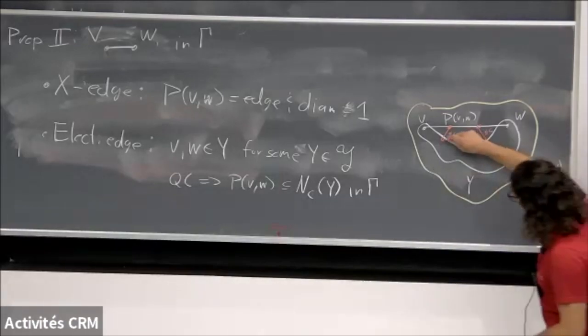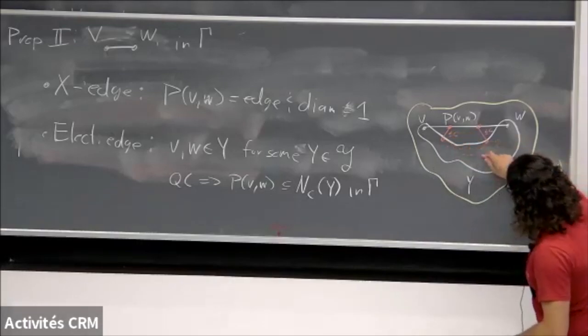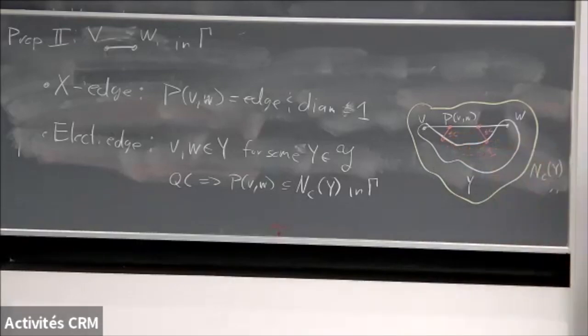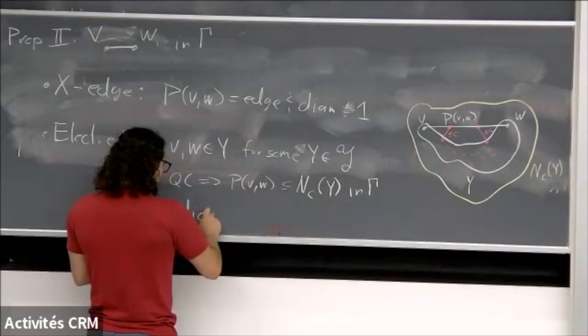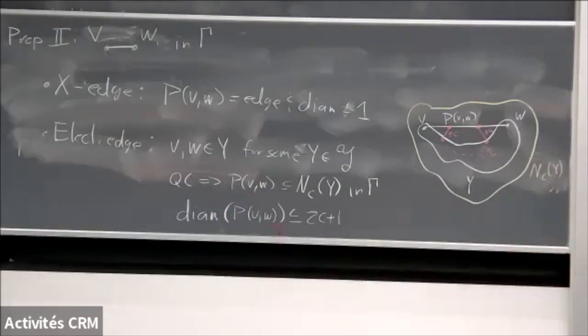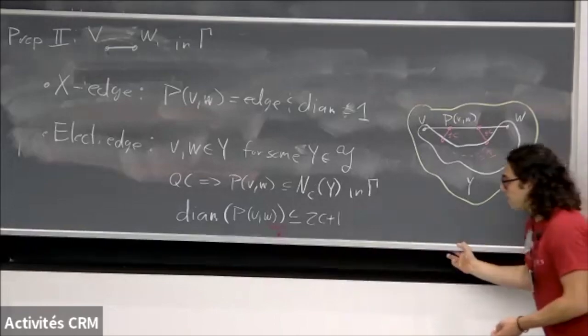So I've added an edge of distance 1 between them. And so the diameter of this set P is going to be 2C plus 1. Okay, that's it. So these two facts together tell us, using guessing geodesics, that the electrification is in fact hyperbolic.